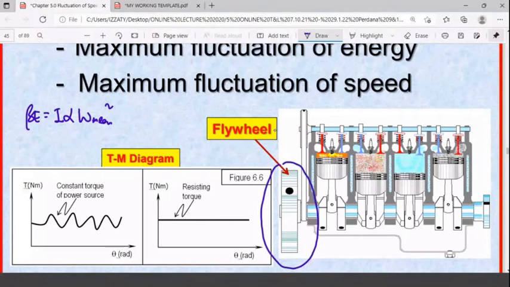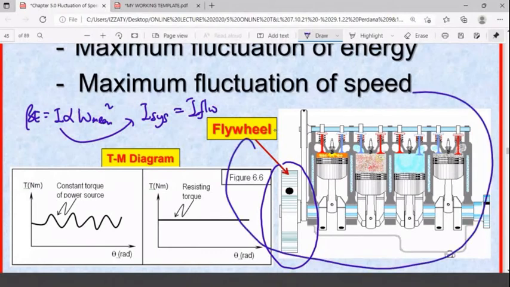So this I system is equal to I flywheel only. You understand me or not? So you have to read the equation very carefully. Sometimes they provide so many things, but you need to know this I is basically the I system, because we have been talking about the whole system. Okay, same thing here.